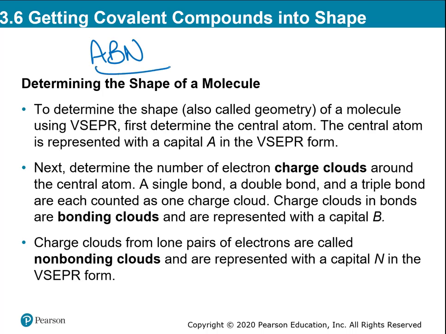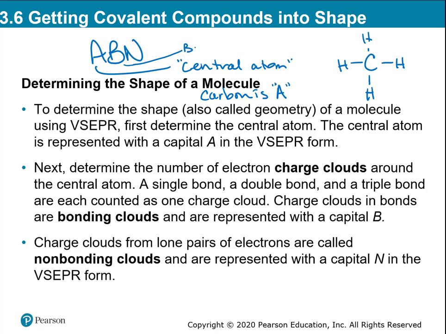So they said, well, we can have A. A is going to be the central atom. That is, whatever the atom we're looking at, usually the one that's in the middle. And so you can see with CH4, carbon is definitely in the middle, so carbon is the A. And the second one, the B, is how many groups are connected to it. So how many bonded groups does it have? Well, when I look at CH4, it has 4.